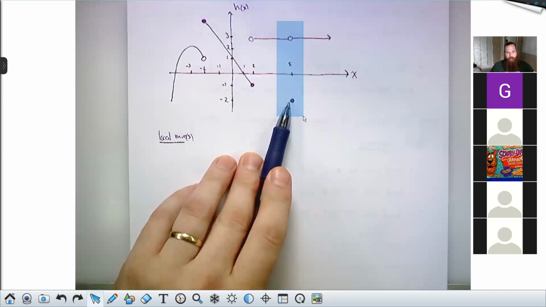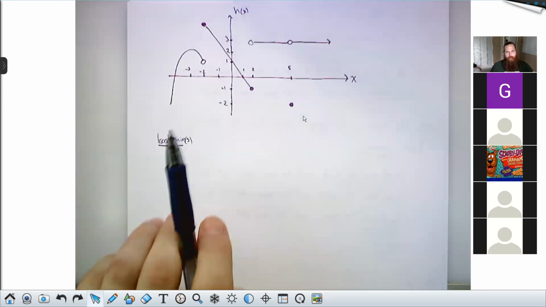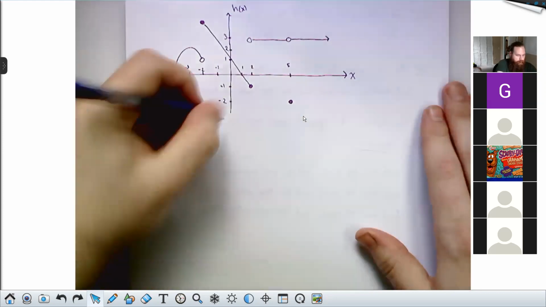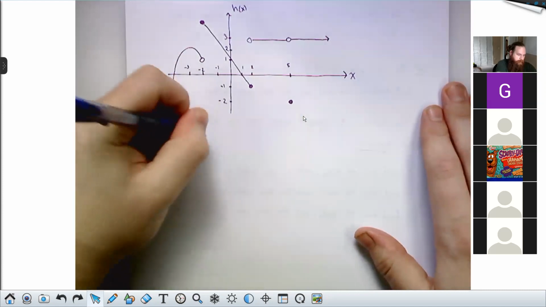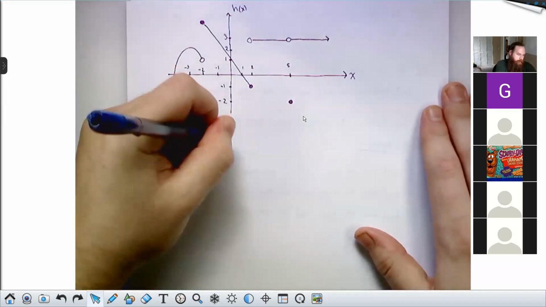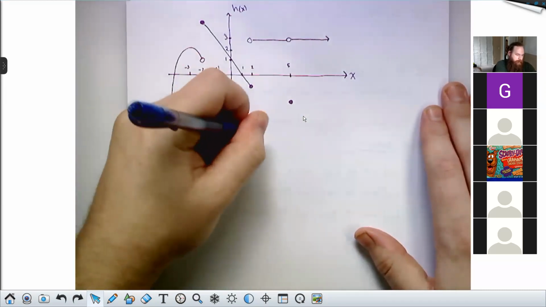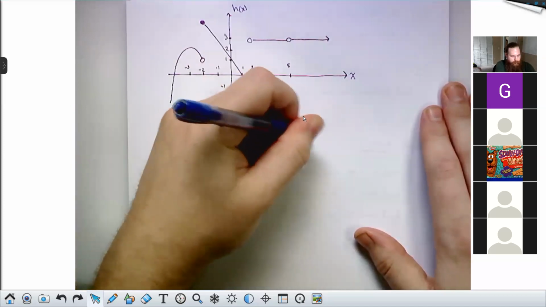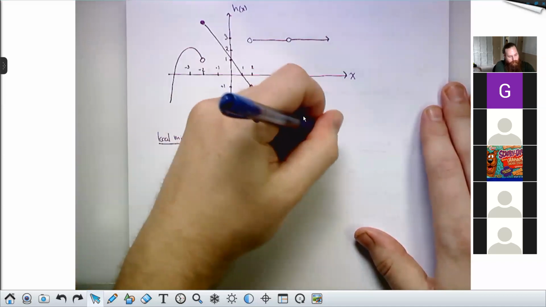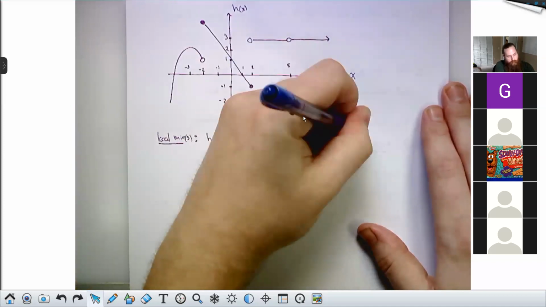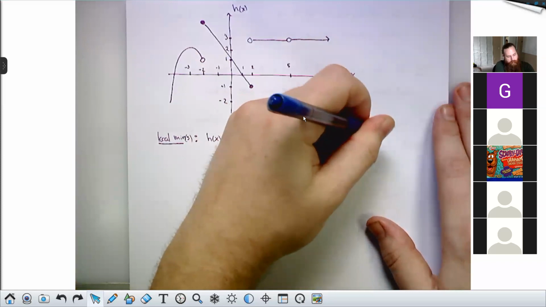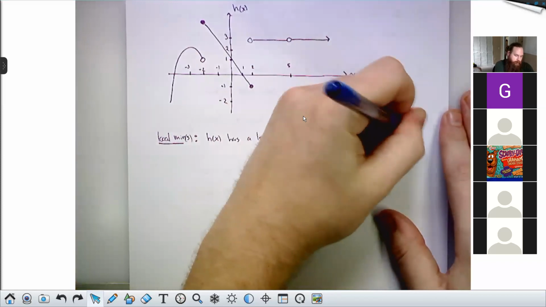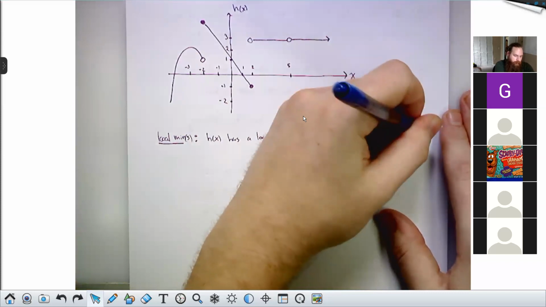Where else? So h of x has a local min at x equals 5, and the min value is h of 5, which is -2. That's good.